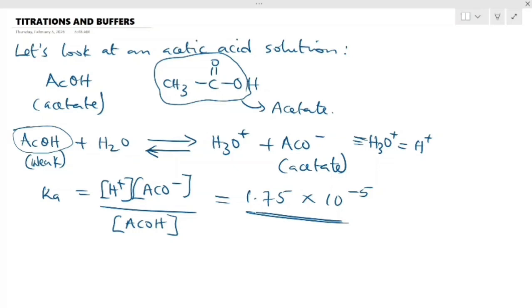Remember, in titration, you add the base. As you continue to add OH minus, the fundamental reaction, your titration reaction, takes place.